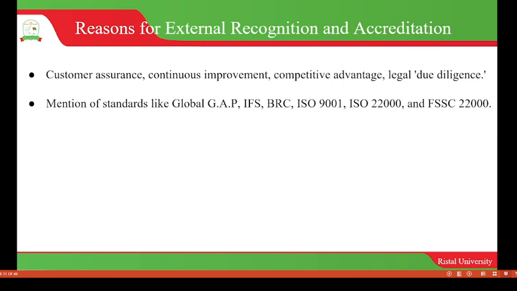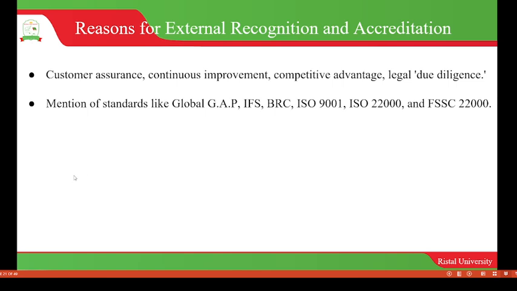So that means we are going to discuss why it is important for a food industry or a food business or a company to be recognized externally, and also why it is important for it to undergo the accreditation process.